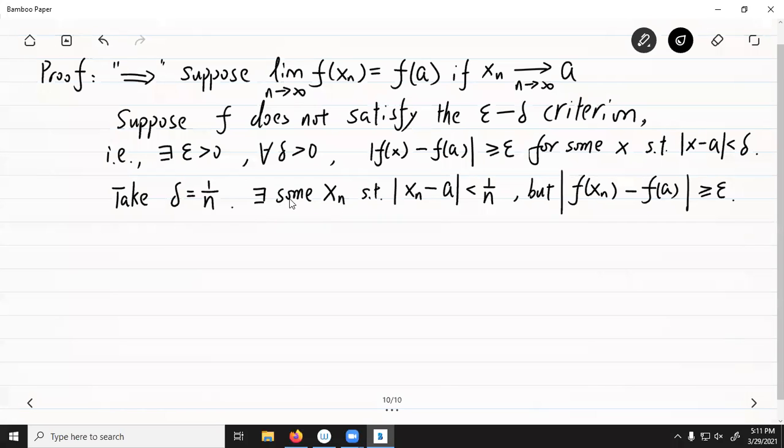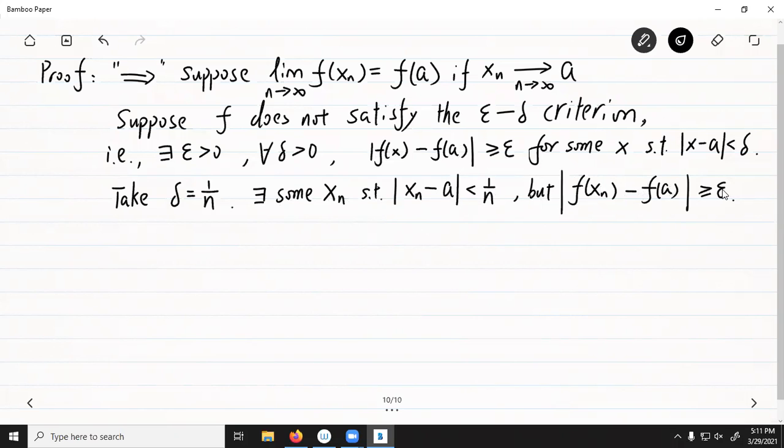So there exists some xn in this interval such that f of xn minus f of a is greater than or equal to epsilon. You can see that n is a natural number; we can take n to be 1, 2, 3, 4, 5, and so on.